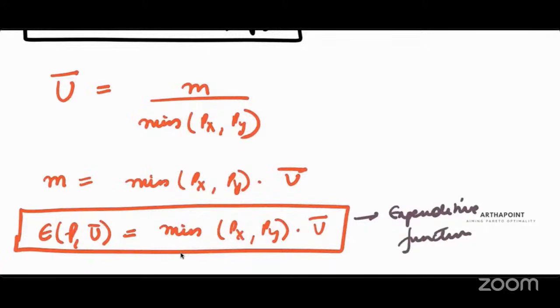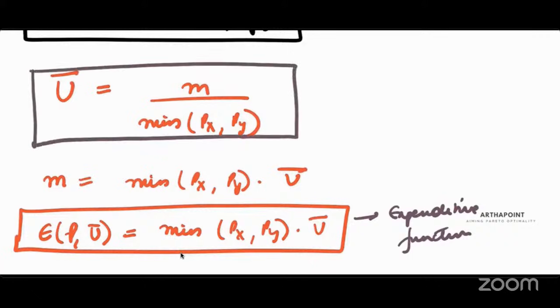Please think about this once. Is there any doubt that you want to clarify? This is very, very important, because from here, I'm just going to build upon this. This is going to act as a base for me. So you have to understand how I derive this indirect utility function for substitute goods, and then I've just rewritten it to find the expenditure function.